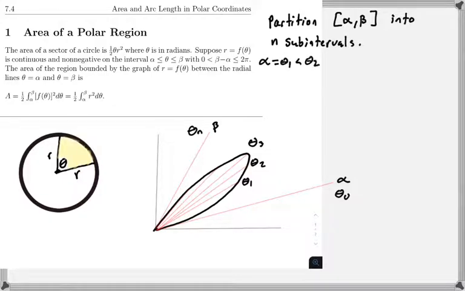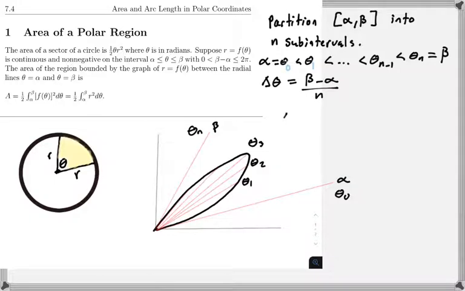Alpha equals theta naught, sorry about that, we got our numbering system off here. Theta naught, theta 1, all the way out to theta n, which will be beta. The delta theta will be beta minus alpha over n, so we're going to use a uniform partition.